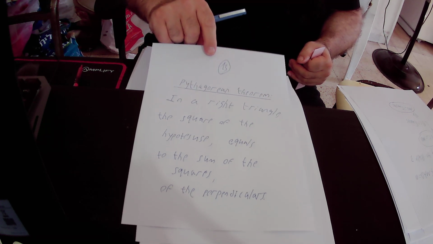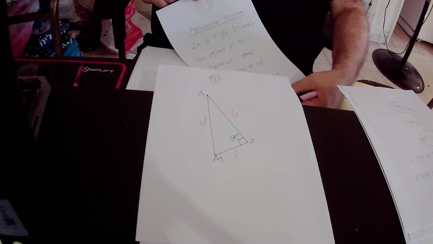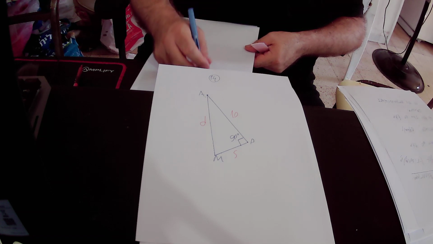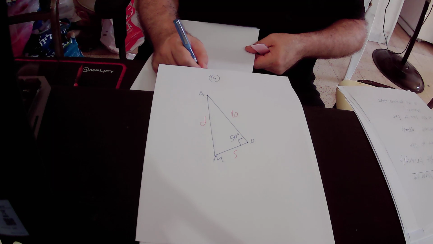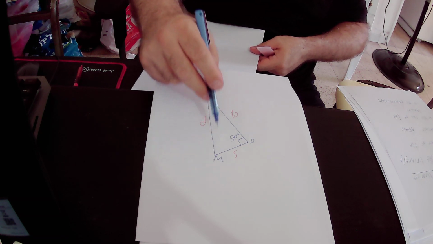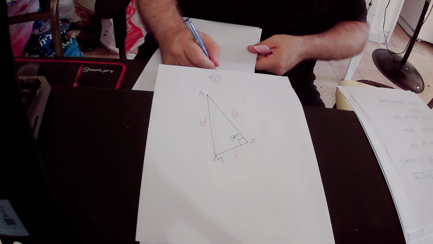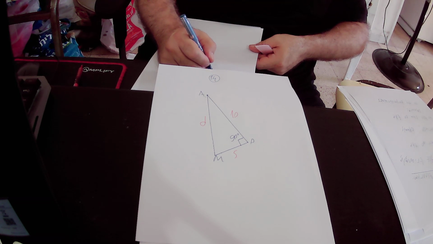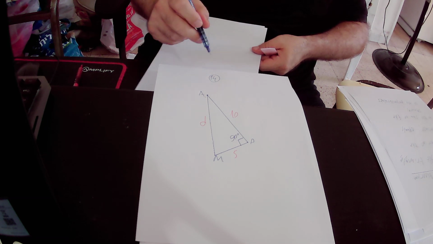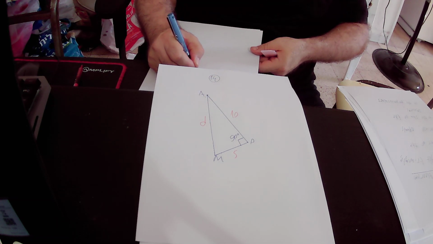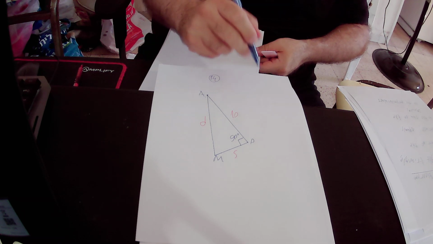We can implement this theorem in our triangle and write down that the square of the hypotenuse, that is AM square, AM being the hypotenuse of this right triangle, this will be our third equation: AM square equals MD square plus AD square.